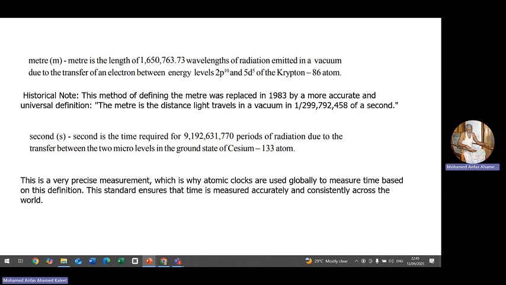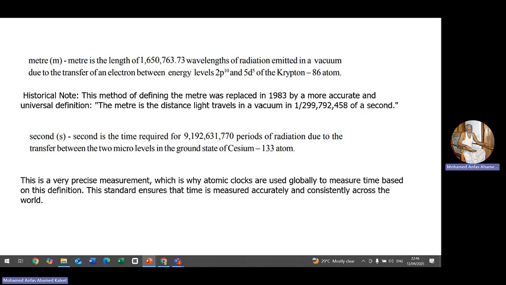You will learn this in physics or chemistry. Each atom has different energy levels, like s and p sub-energy levels.